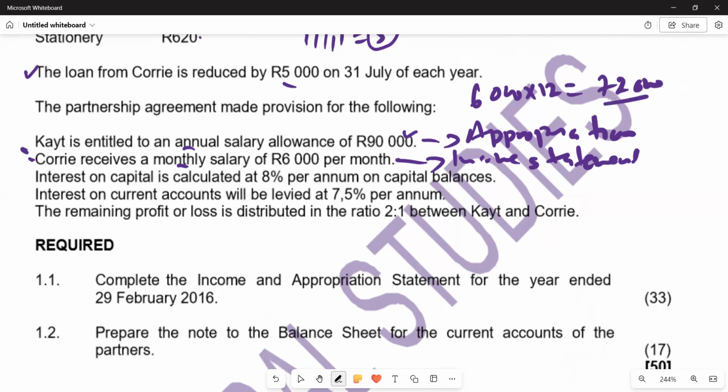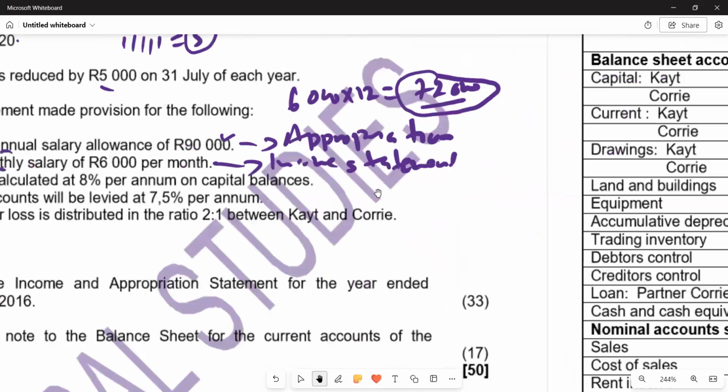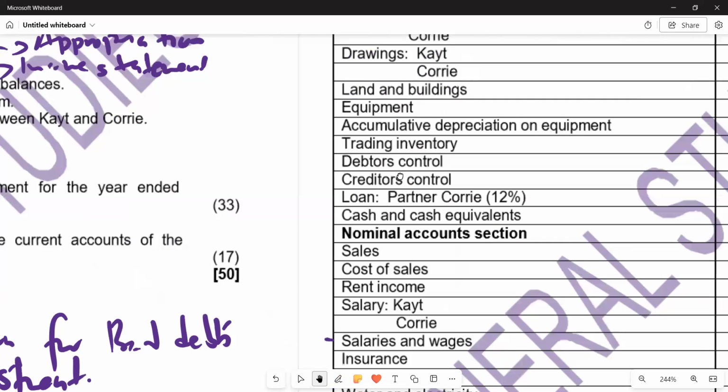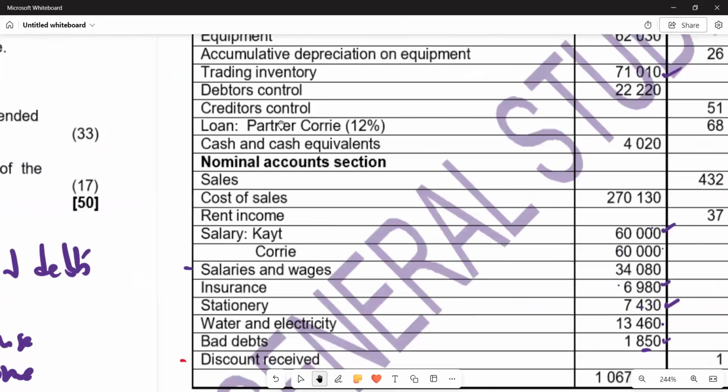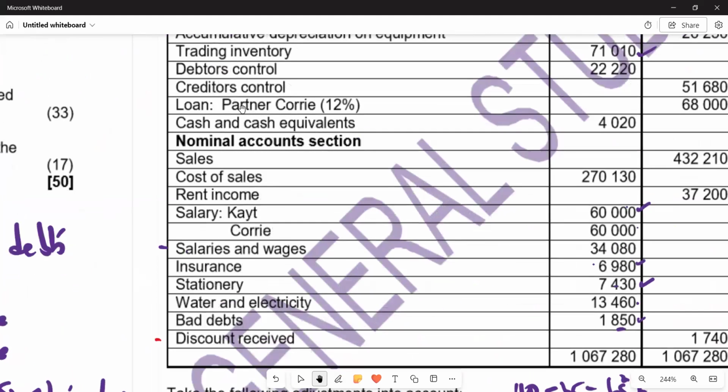So it means for Corey, the salary pay is going to be 72,000, and we said it's monthly, it's adjusted in the income statement, and we put it as 72,000. So out of 72,000, Corey is at the moment already paid 60,000. So what is in the trial balance is indicating what was actually paid, but what is supposed to be charged for that period is 72,000. So out of 72,000, 60,000 has been paid so far. So this is why we skipped it.